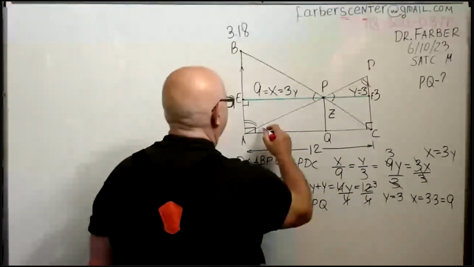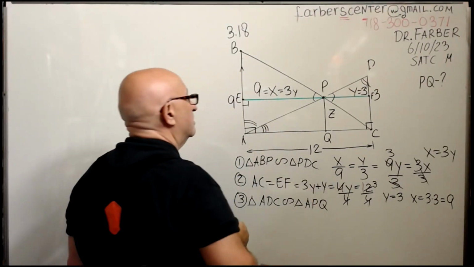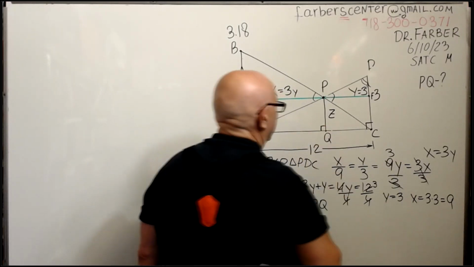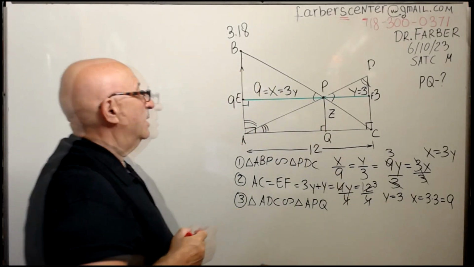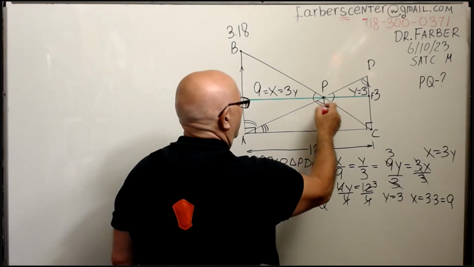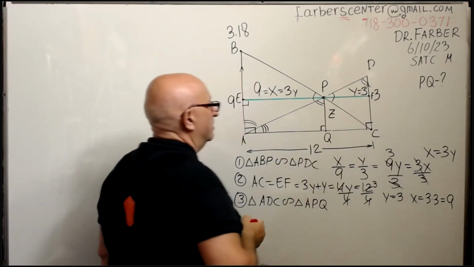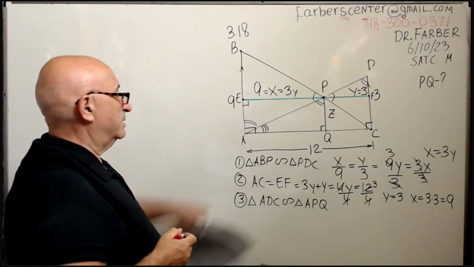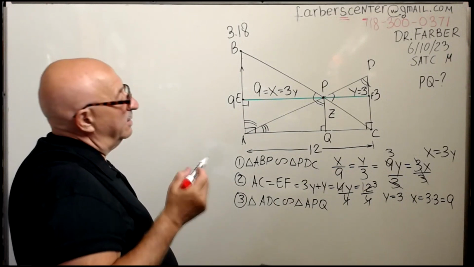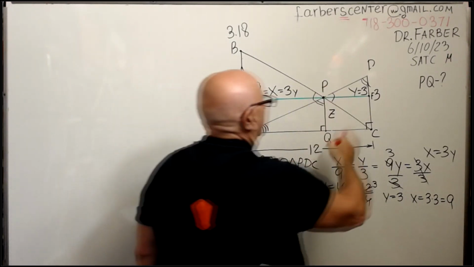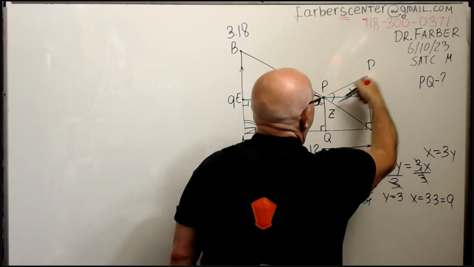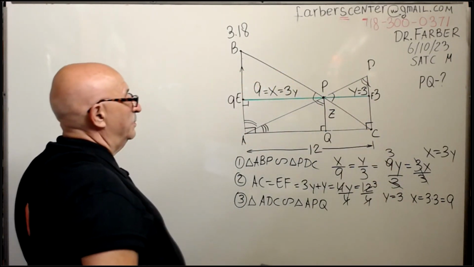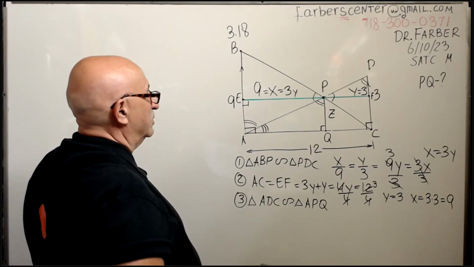First of all, they have a common vertex. Second, both of them have a 90 degree angle, so they are right triangles. And third, the complementary angles are also the same. Why? Because 90 minus the same angle gives the same result. Or you can think from a different perspective: two parallel lines and corresponding angles for this transversal. So they're similar. Excellent. If they're similar, you can make a proportion.